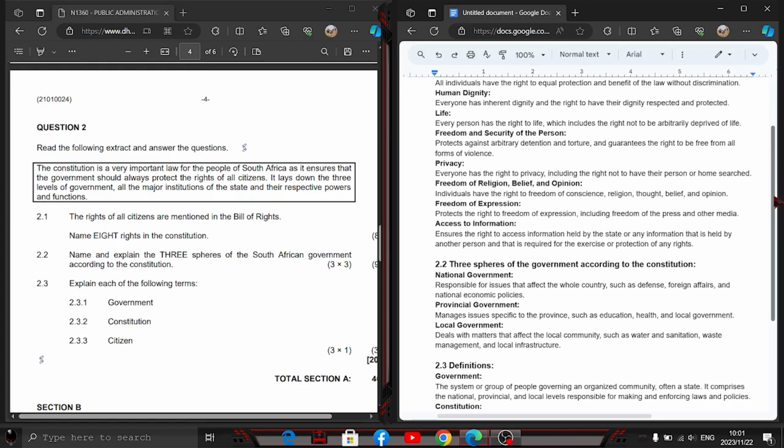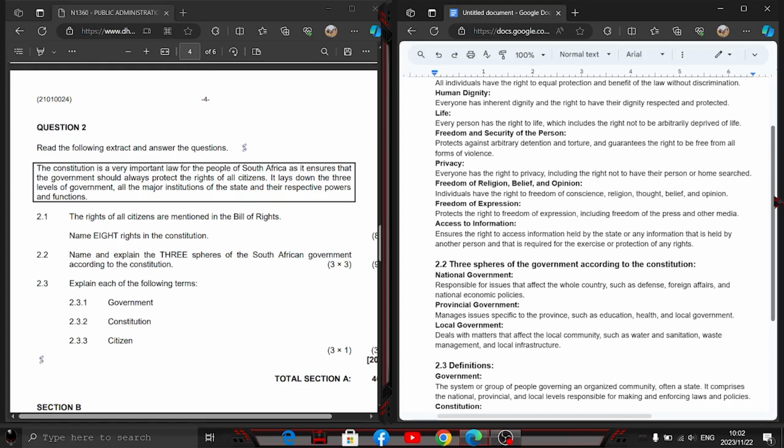This is the part of the government that focuses on matters concerning the entire country, right? That's where you have your presidency. Then you have your provincial government, right? Now, this part of government manages issues specific to provinces, such as education, health, and local government. Things like that.